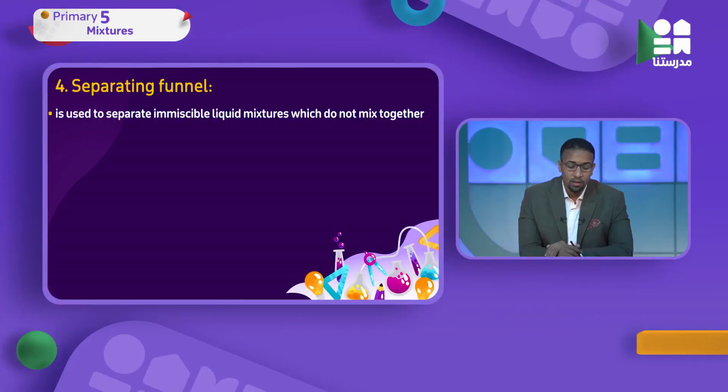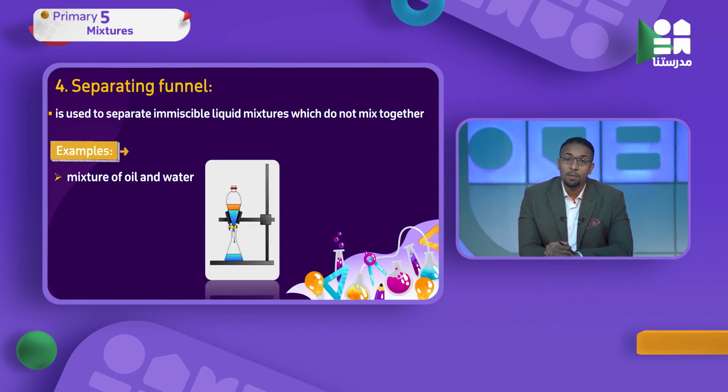Number 4, separating funnel. Separating funnel is used to separate immiscible liquid mixtures, which do not mix together. Liquids that do not mix together, like what? Like oil in water. Oil does not mix with water. So for example, a mixture of oil and water.